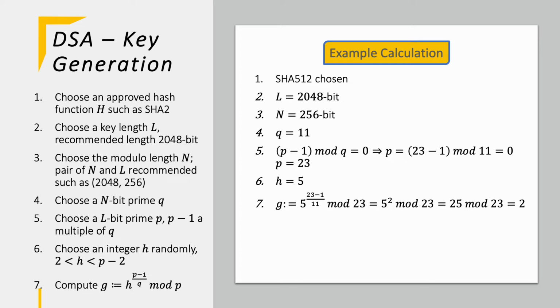For h we have 5, so it's 5 to the power of (23 minus 1) divided by 11, which is Q, modulo 23. This comes out as 5 to the power of 2 modulo 23, which is 25 modulo 23, so the end result is 2. G is, in the end, 2.